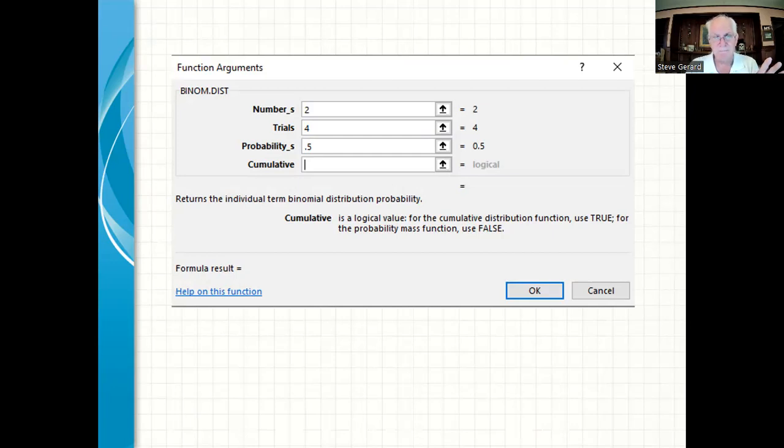Excel does a funny thing here. They ask you to put in either true or false. A true gives you the cumulative probability, a false gives you a point probability. And you put those things in, and it'll actually tell you right there on the screen what the answer is to that. Easy formula to use. Figuring out what those numbers are is important, however, and can be a little challenging.